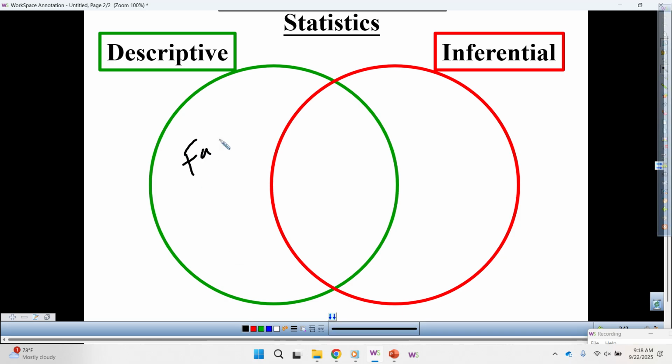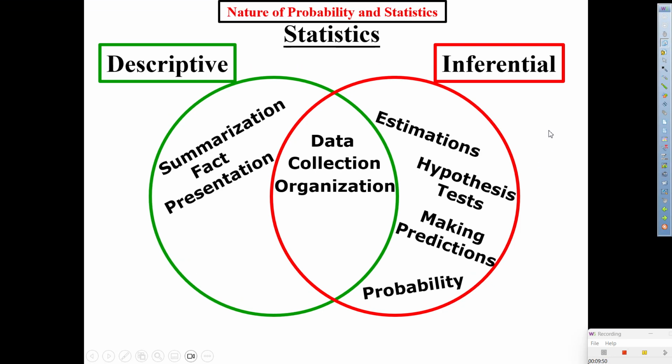He said facts. Okay, that is correct. Pass to someone for inferential. Aaron, a keyword for inferential. Hypothesis, okay, or probability. Probability or estimations and such. Okay, we got this. All right.